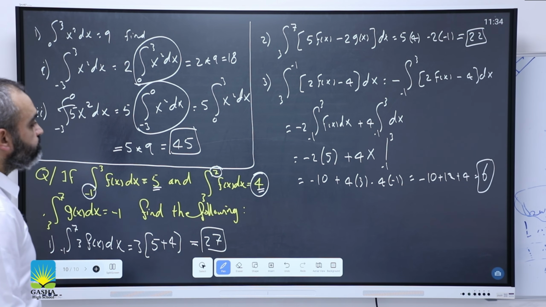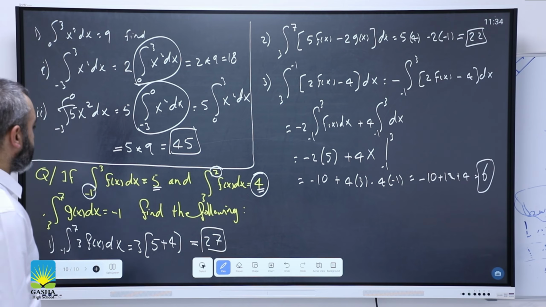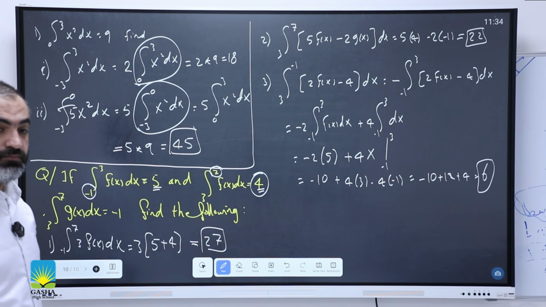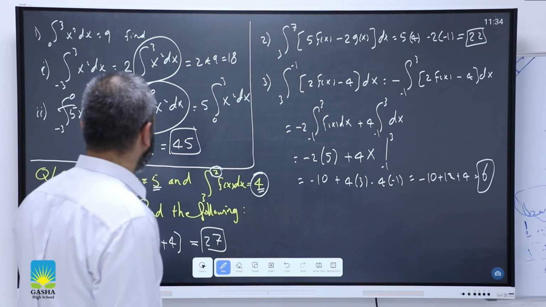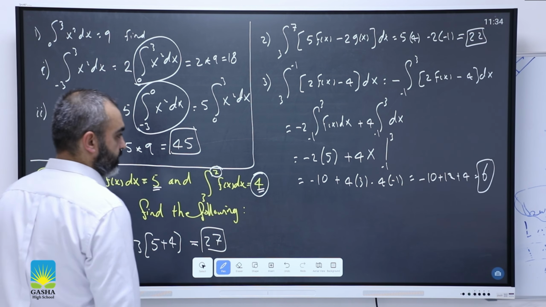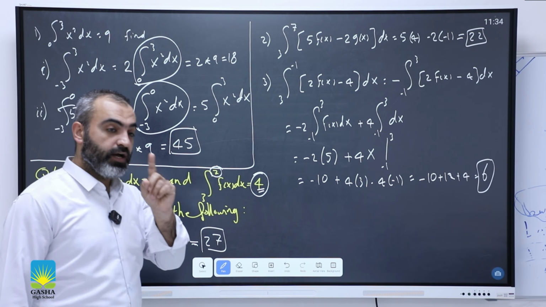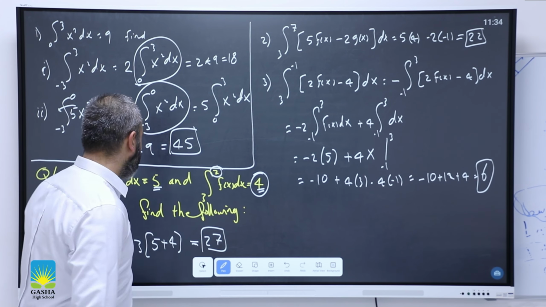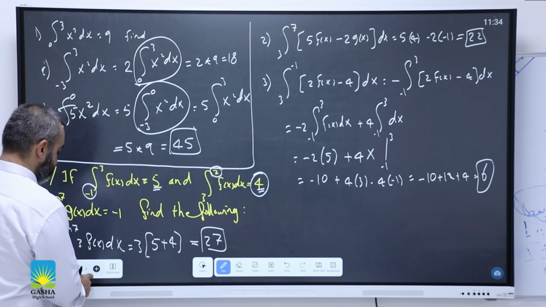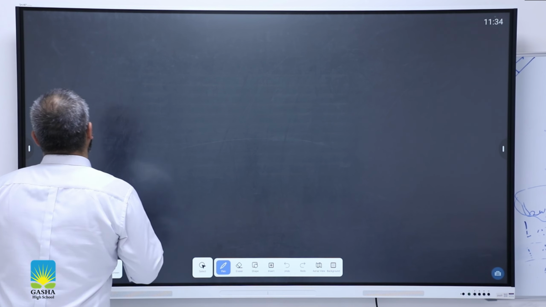And we go to the next section about the definite integral and indefinite integral. So we have, remember we have one idea about the definite integral, like this.